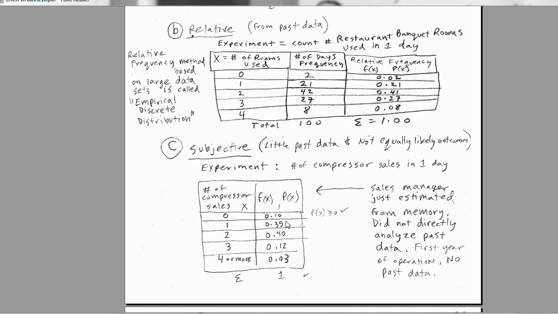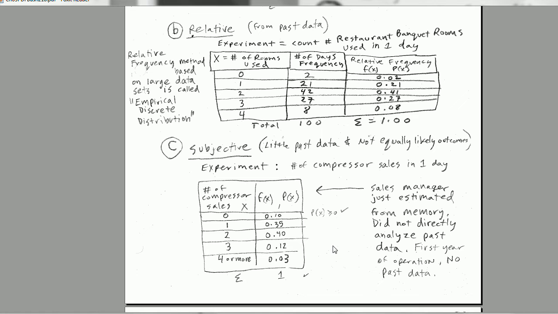We list our probabilities, but since we don't have past data, the sales manager just estimated from memory and did not analyze past data. In essence, this was their first year of operation, so there was no past data. People do subjective, but notice it meets our requirements: it adds up to 1, and each individual probability is greater than or equal to 0.